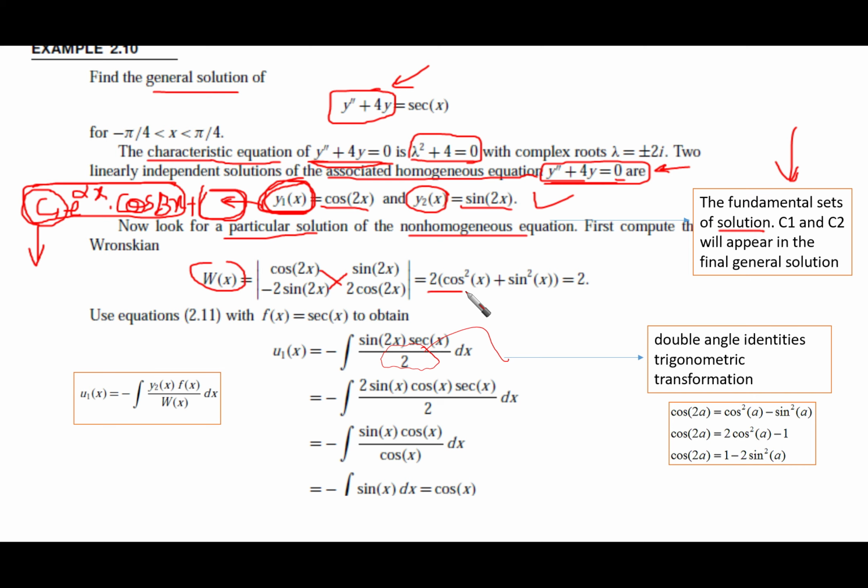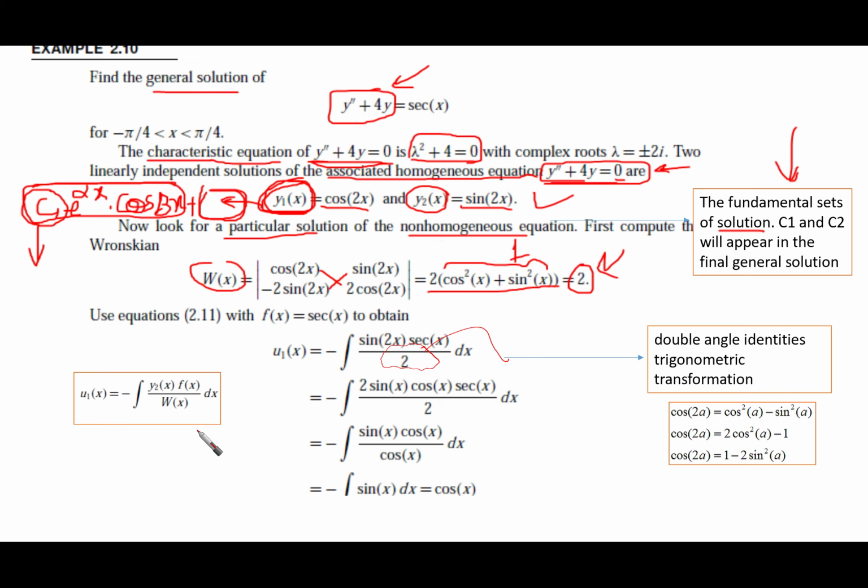We end up with 2 times cosine squared x plus sine squared x. This is 1, as you know. Cosine squared x plus sine squared x is 1. So the value of the Wronskian is 2.